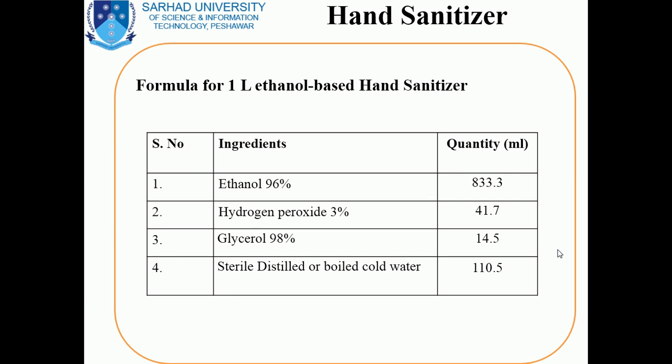If we are interested to prepare the 5 liter, we will multiply the factor by 5, 1 liter 5 times, and then the rest of the ingredients in the formula will also be multiplied by 5 to get the 5 liter hand sanitizer formulation.